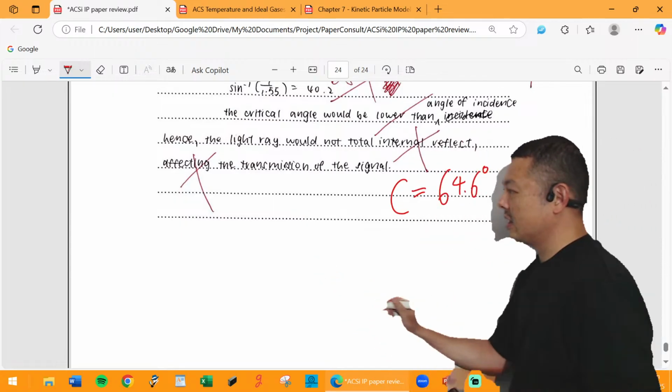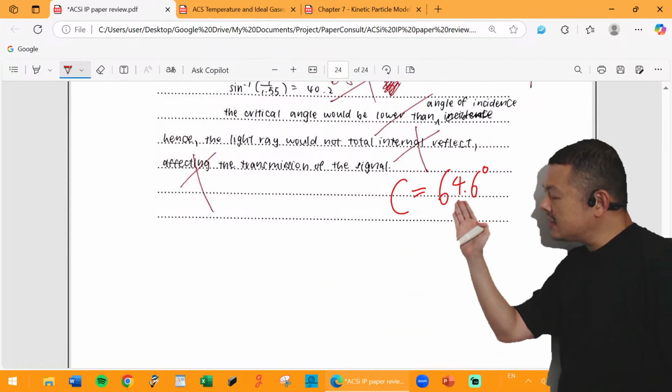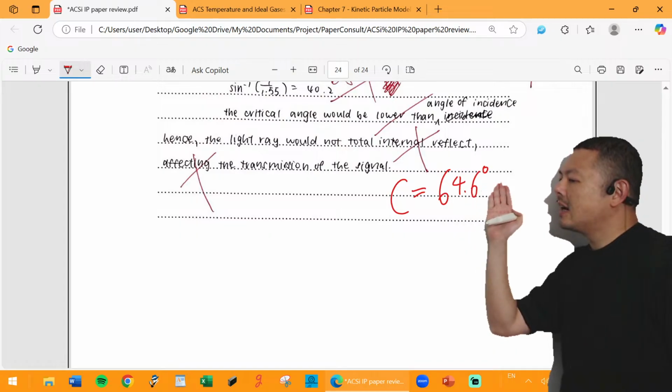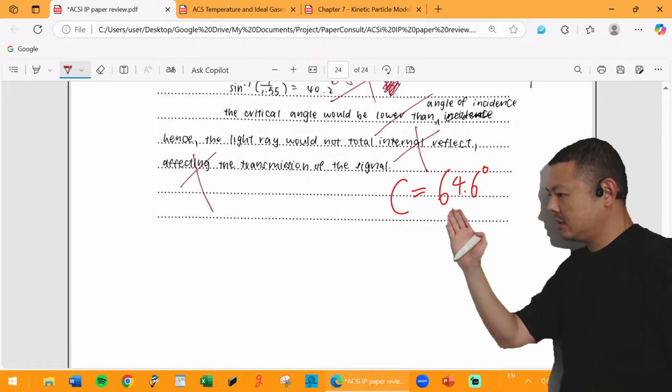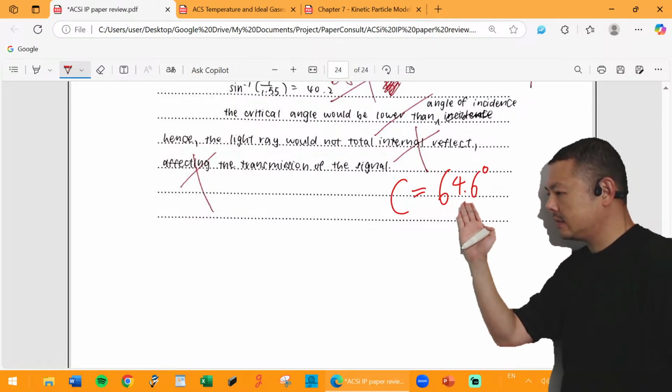Guys, you understand or not? So which means that you will get a stronger signal at the end of this optical fiber. That's the answer.